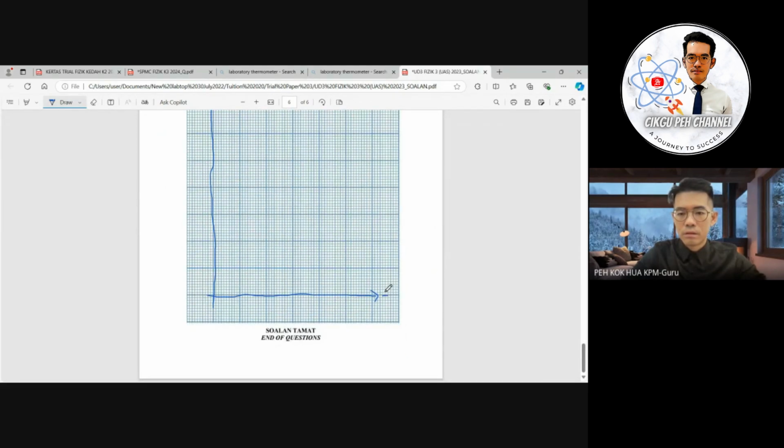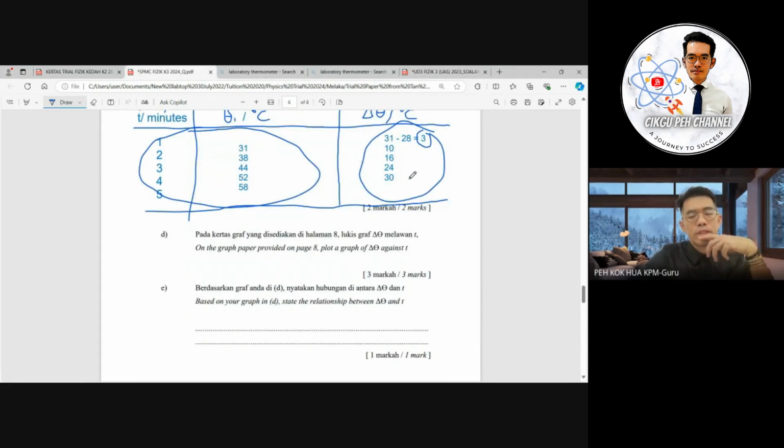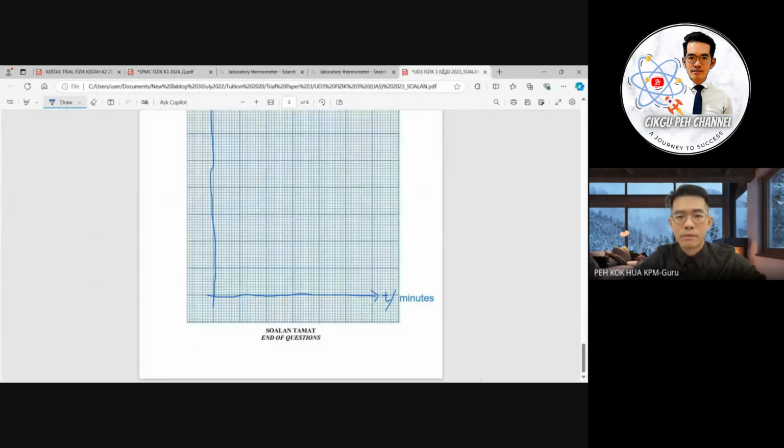T per minute. Okay, so symbol and unit, then you have to choose appropriate scale. So here 3 until 30, you can give 5 for 1 unit equal to 5. 5, 10.